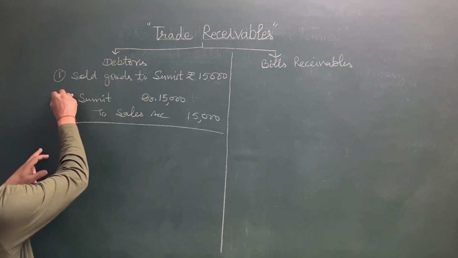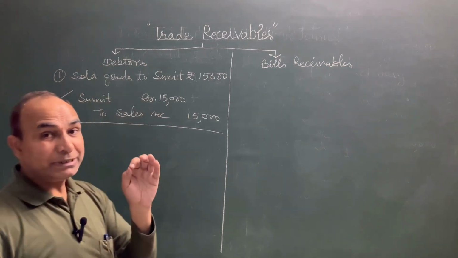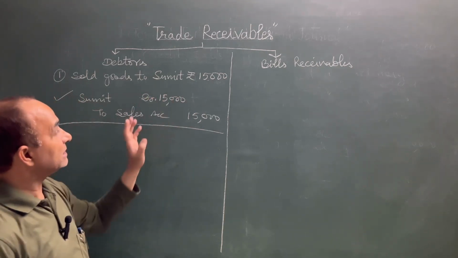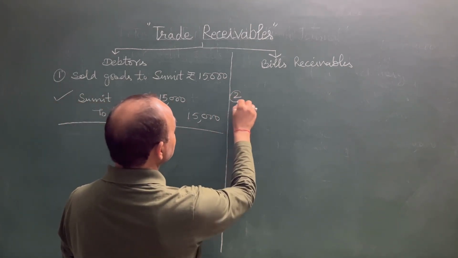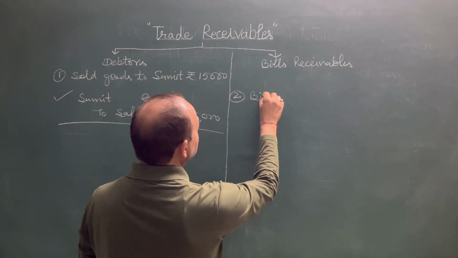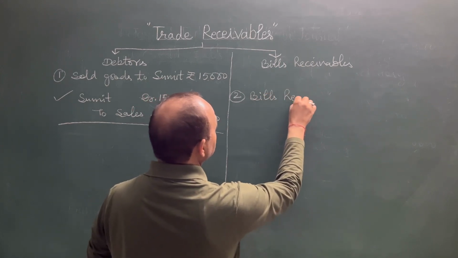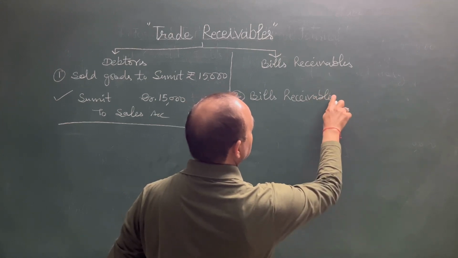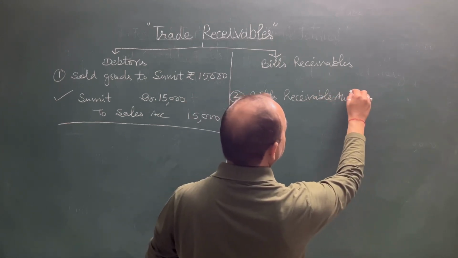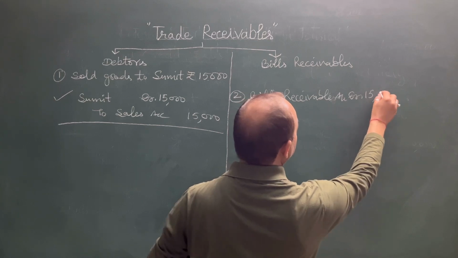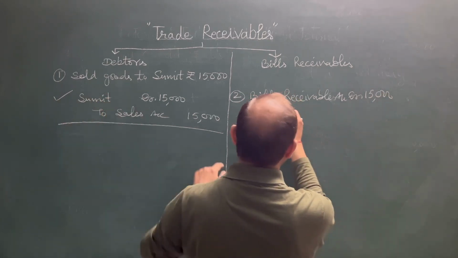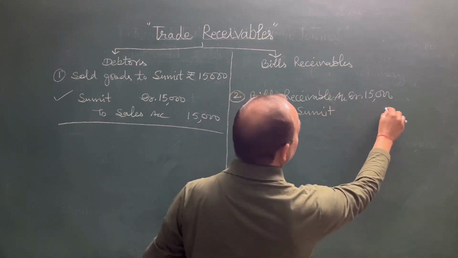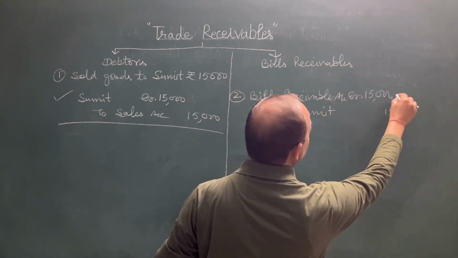So first entry is this, and second entry, when the bills receivable is accepted by the debtor, accepted by Sumit, that second entry will be bills receivable account debit 15,000, to Sumit. See this. And you have to understand the difference between the two, students.